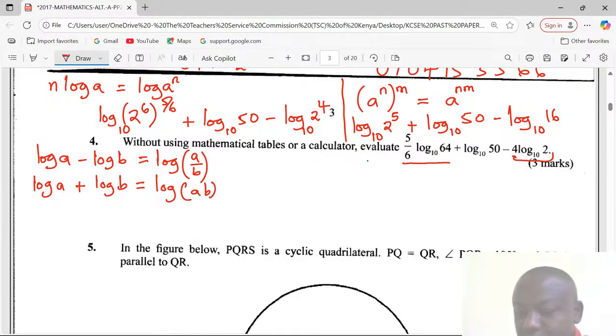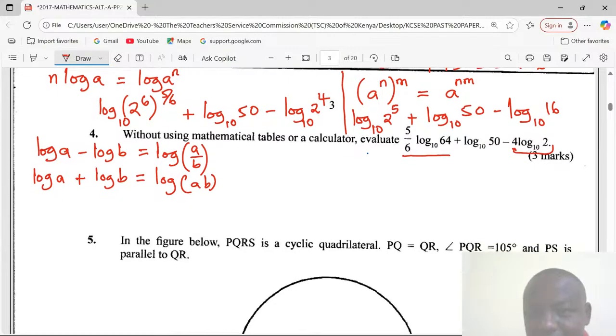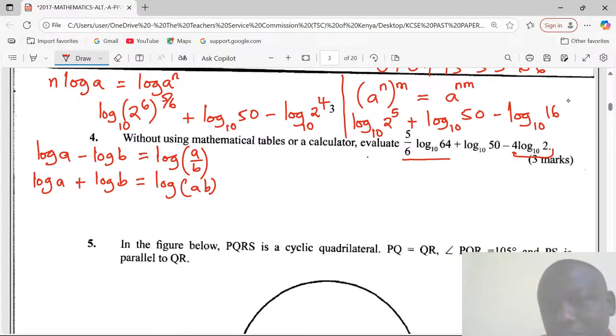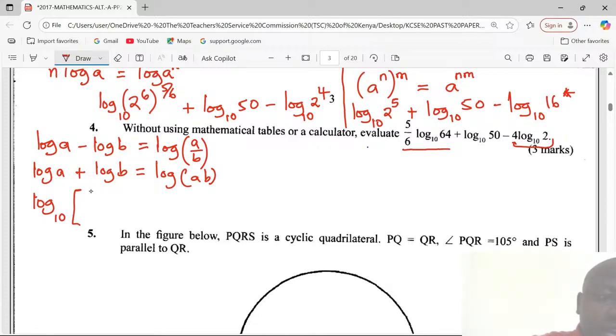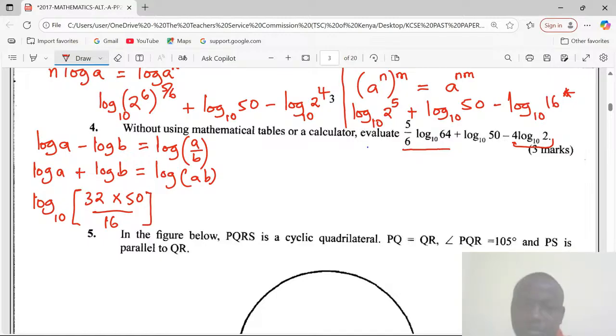We apply these two laws concurrently, knowing that 2 power 5 is 32. So we talk about the log to base 10 of 32, because of the addition, multiplying 50, and 16, because of the minus, dividing. We should be together up to that point.